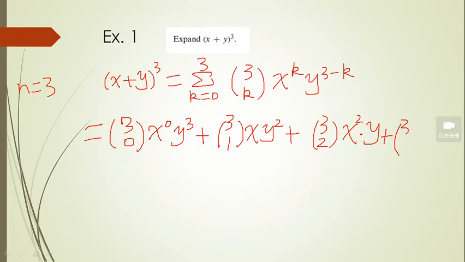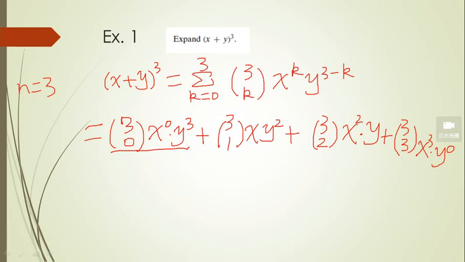And the last term is when k equals 3, I'm going to have x cubed. What is y? Of course, no y, right? So how can we understand this one? This one means you form the term y cubed. Here, x to the 0 is 1, right?